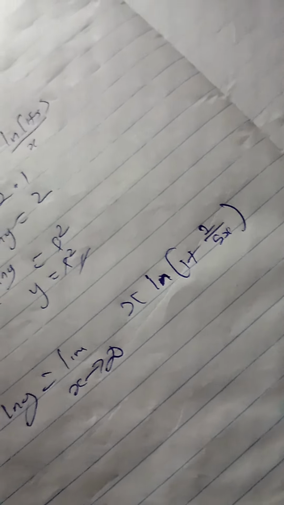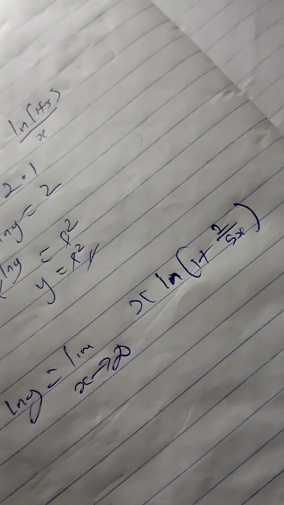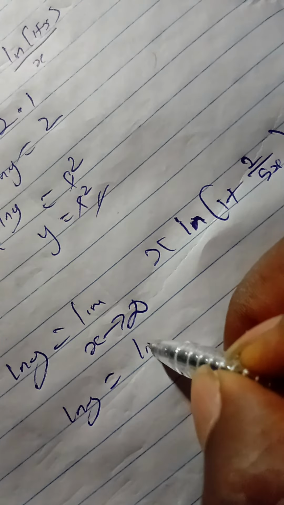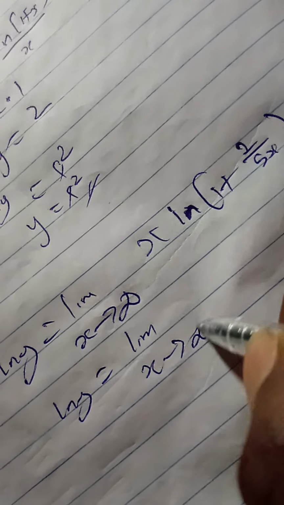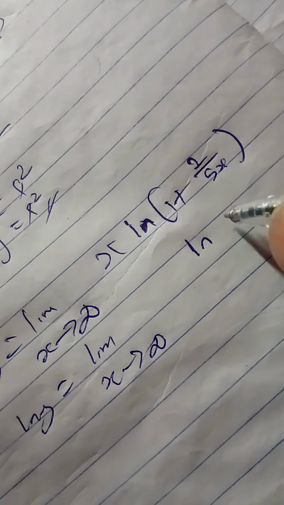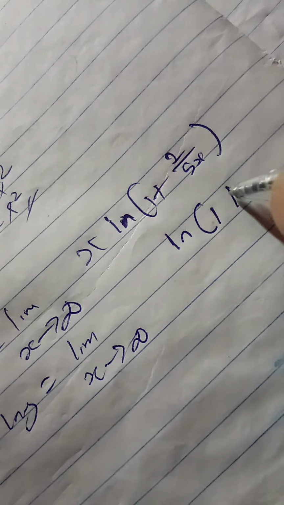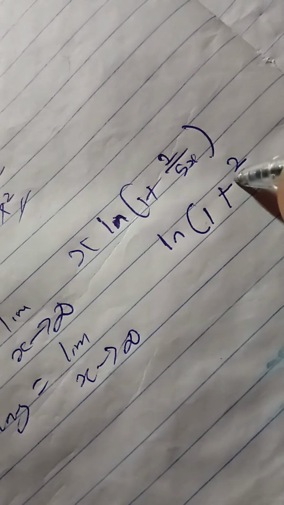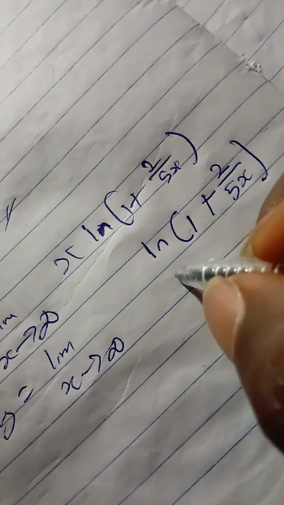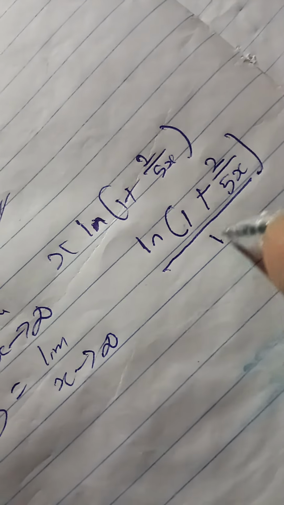This gives us ln y equals limit as x tends to infinity of ln (1 + 2/(5x)) over 1 over x. Are we together? Yeah, this is where we have gotten to.